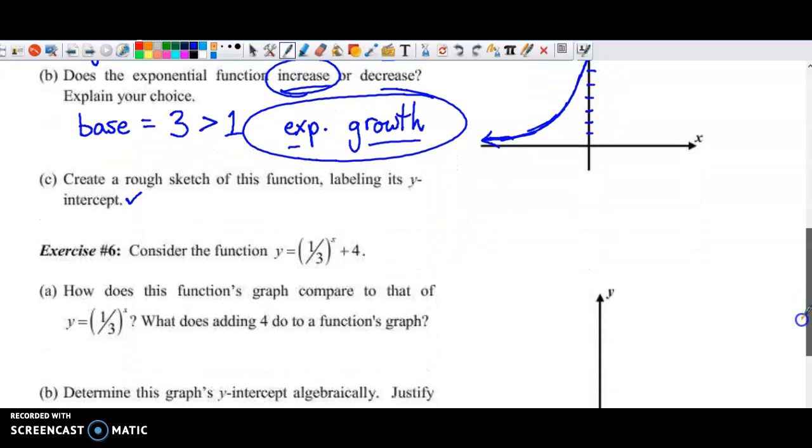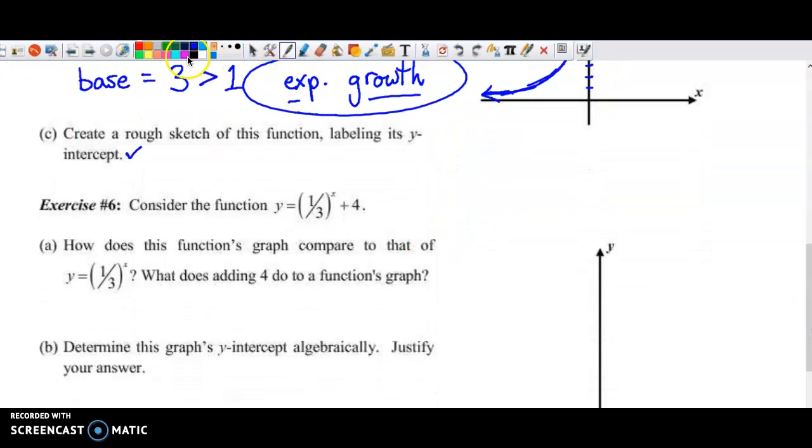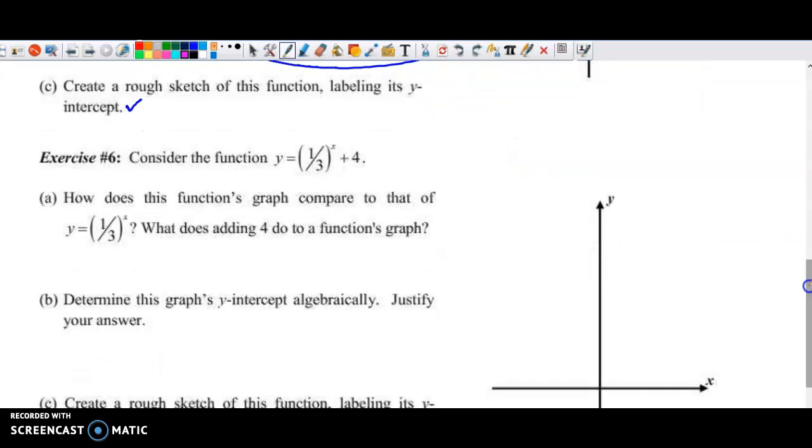Now the next one's even more complicated. And the reason why it's more complicated is that we have this plus 4 on here. So what is that plus 4? What does adding 4 do to any problem? I hope you remember this from earlier in the year. It shifts the graph up 4 units.